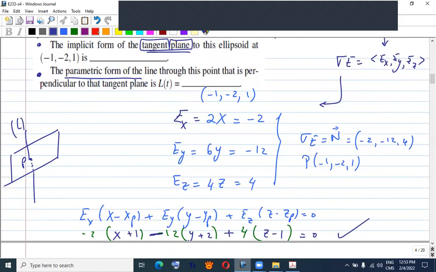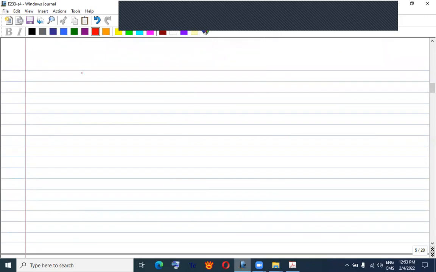It's very special because it's parallel to the normal vector. So for the parametric equation of your line, you need a vector parallel to it. So it's n. That's it. So in the second part, we have the line parallel to the normal vector.